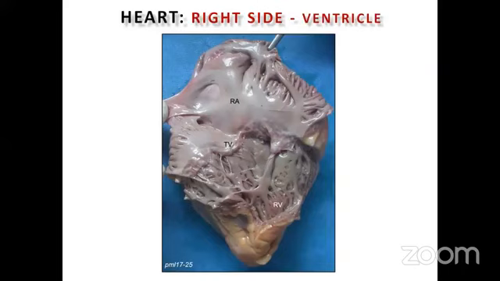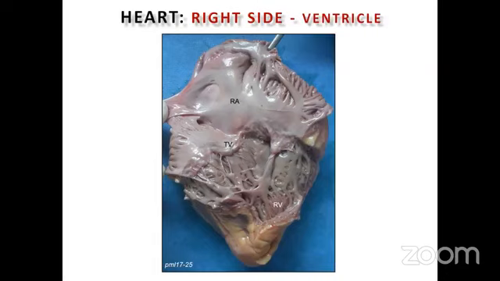the right ventricle. Now the right ventricle, as you can see here, is coarsely trabeculated, and it has a very thin compact portion which measures 0.5 to 0.7 centimeters.